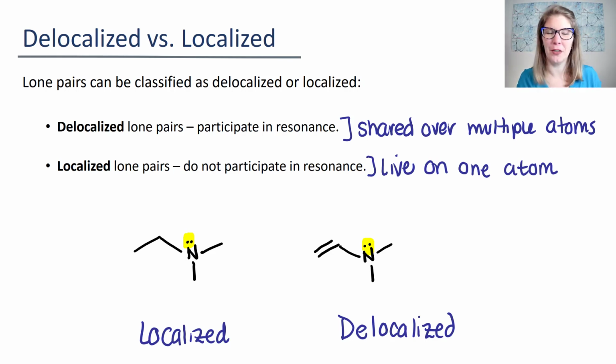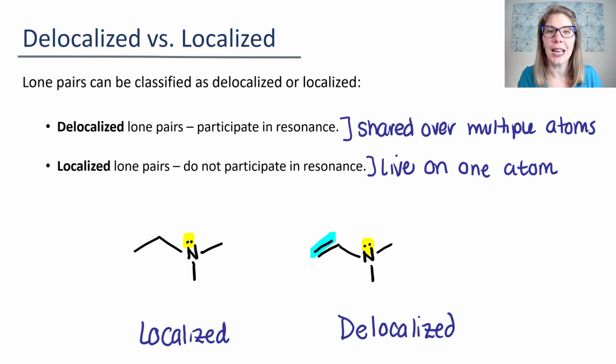Now let's talk about why that first pair is localized. That first pair is localized because it lives solely on that nitrogen. There's no other atoms that it can be shared over. The second structure, the pair is delocalized because one atom away, you have a pi bond. Remember, your pi bonds are created from overlapping p-orbitals.